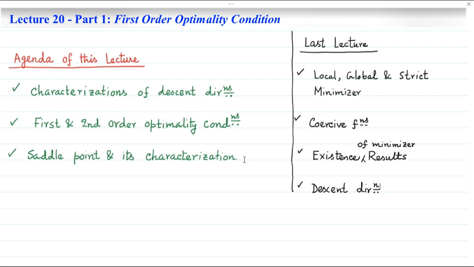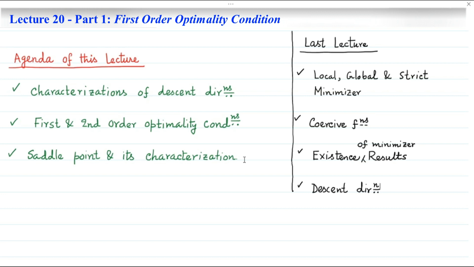And afterwards, in theorem 2 on the existence of minimizers, we have defined the notion of coerciveness, and we have seen that if a function f is coercive in the entire n-dimensional Euclidean space, and that function is continuous, then the function f must have a global minimum in the entire n-dimensional Euclidean space.